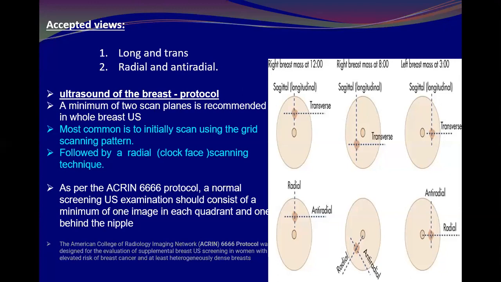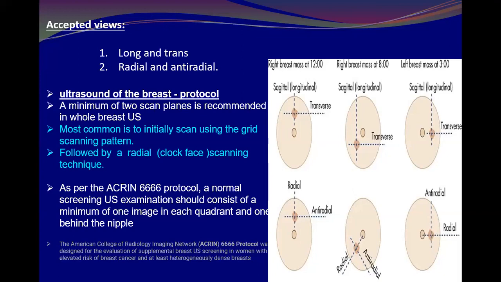And this is what I used to do in my practice. I used to start with the Minder technique or grid technique or long-trans technique. Then when I find an area of interest, I try to shift to the radial and antiradial scanning.